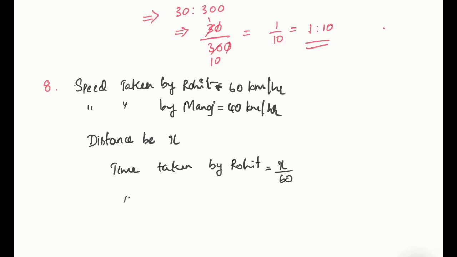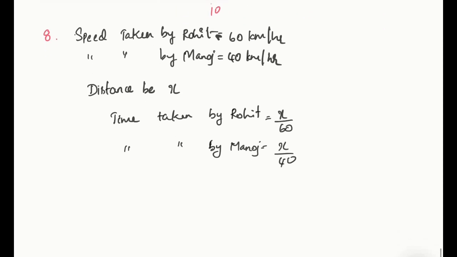So time taken by Rohit is x by 60. Similarly, time taken by Manoj equals x by 40. When we take the ratio, it is x by 60 is to x by 40. So x and x get cancelled. We get 1 by 60 by 1 by 40.